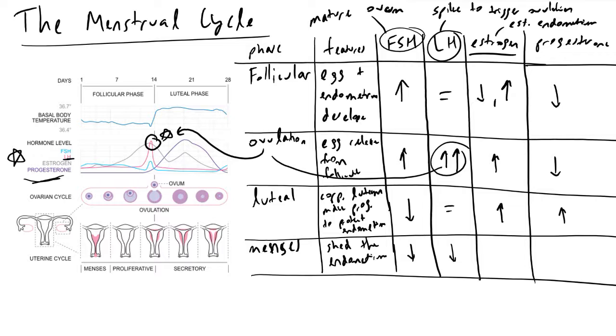We need to prepare for the next spike of LH so that we can spark ovulation in the next cycle. The estrogen levels will fall because we don't want to keep building up the endometrium, and progesterone will also fall, and this is the most critical one, because we don't want to protect it, we want to shed the uterus so we can make room for the next cycle.